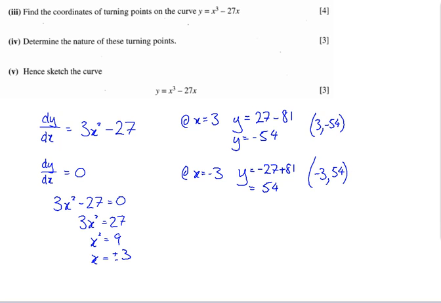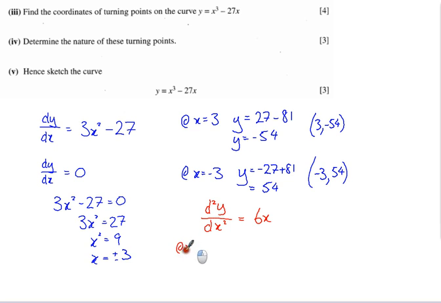However, part 4 asks us to determine the nature of these, and we don't do that graphically, we do that using differentiation again. And to do that, we take the dy by dx and we differentiate it again. d squared y by dx squared. So 3x squared differentiates to give 6x, and 27 differentiates to give 0.